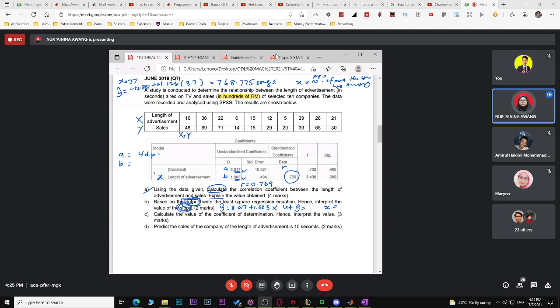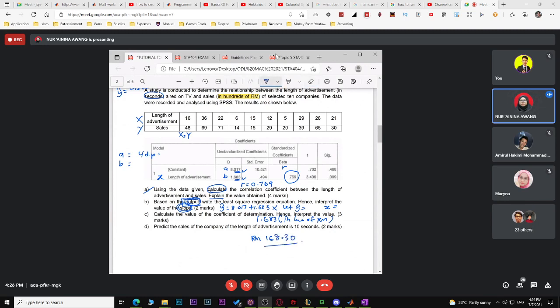So dekat sini your punya X adalah length of advertisement, so kita kata every 1 second, since the unit is second, every 1 second increase in the length of advertisement, your sales will increase by 1.683, in 100 of RM. Okay, so kalau tak nak buat unit macam ni, you just tukar increase by RM168.